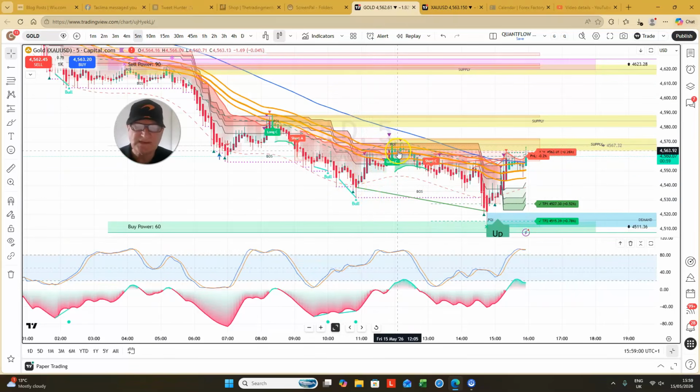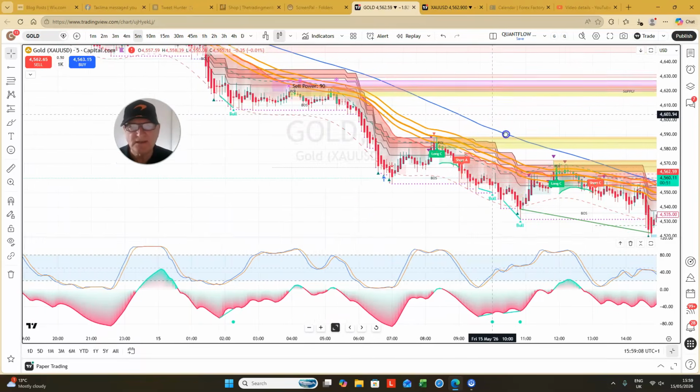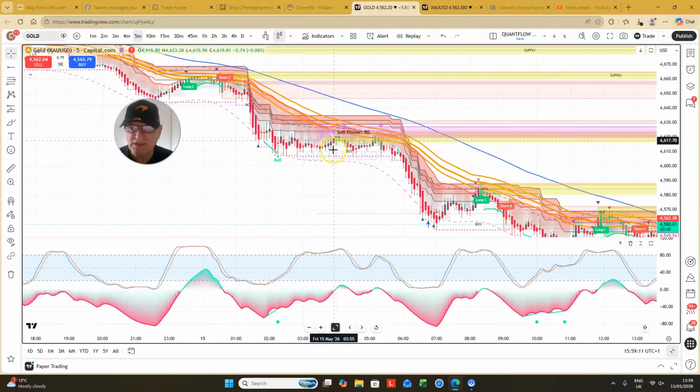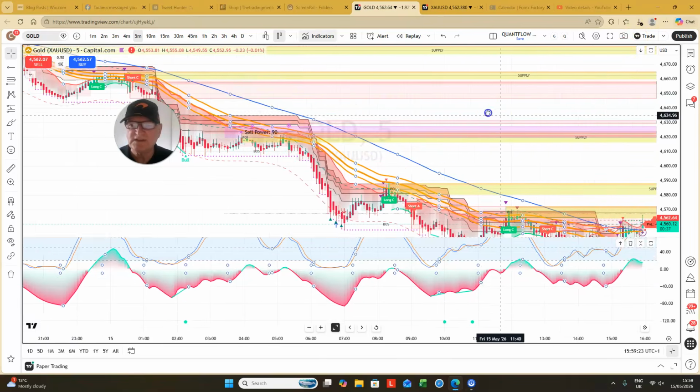There was an opportunity to sell here at 45.65. The price gets rejected at the golden zone. So the golden zone is highly powerful. If you see the price moving up into this area, into a downtrend below the blue line, that's your trend. Look at the direction of this. The direction tells you everything, and the price continues down.